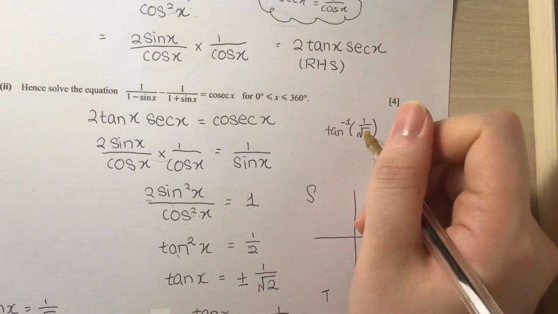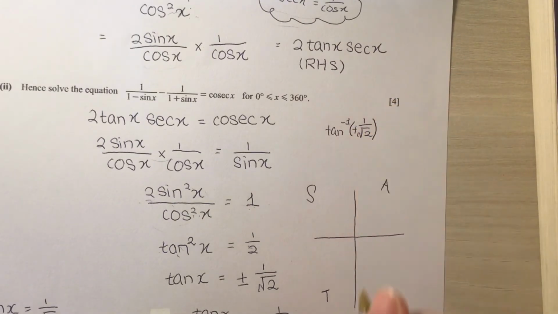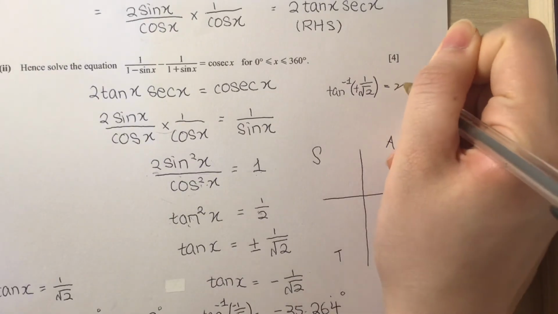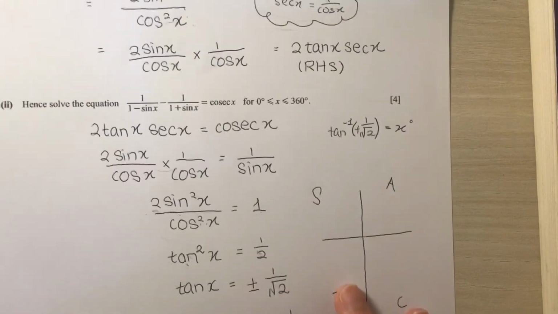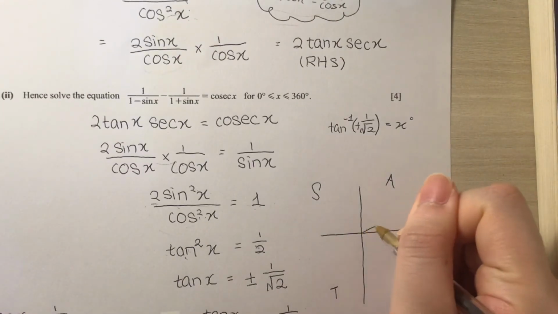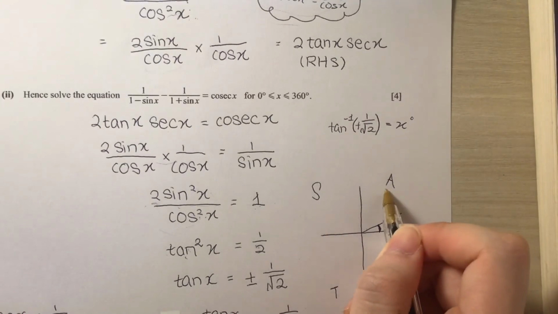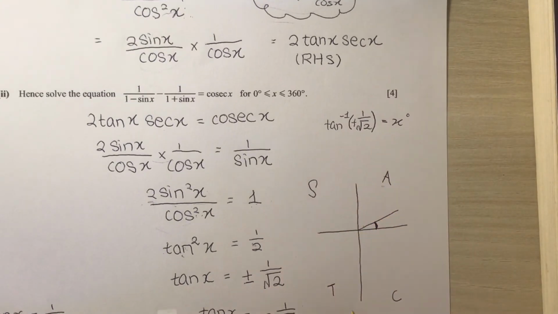In this case, we consider the positive number first. And the angle, the x value here, just directly equals the x value you'll be getting over here, where A stands for all, S stands for sine, T stands for tangent, C stands for cos.